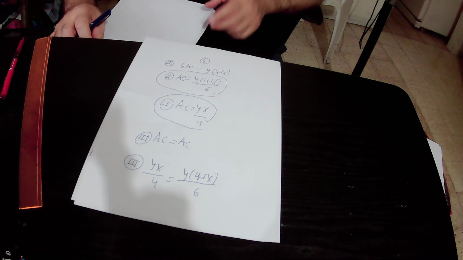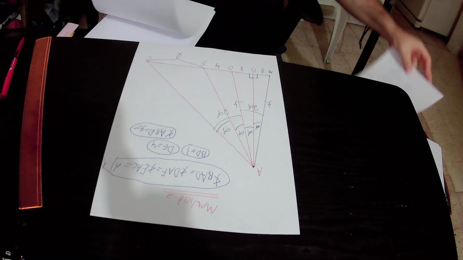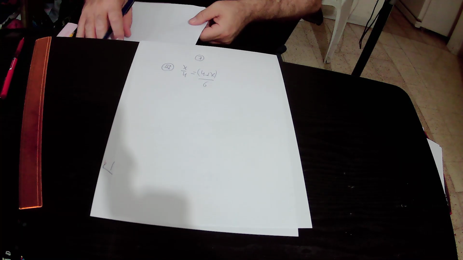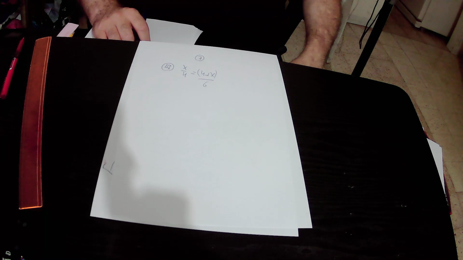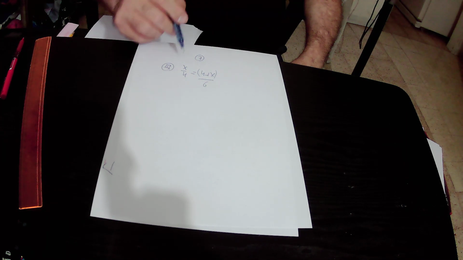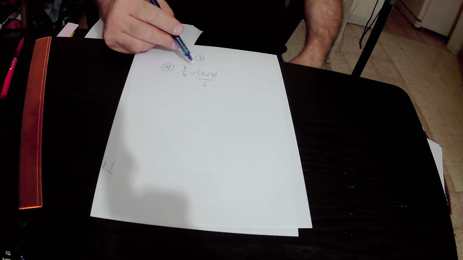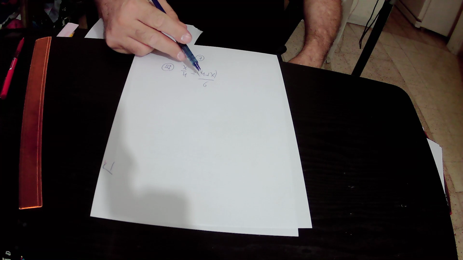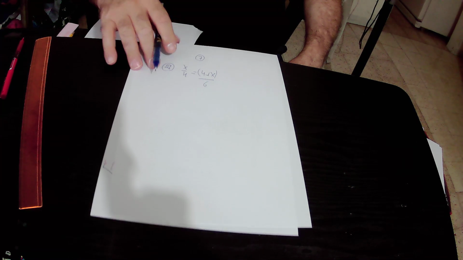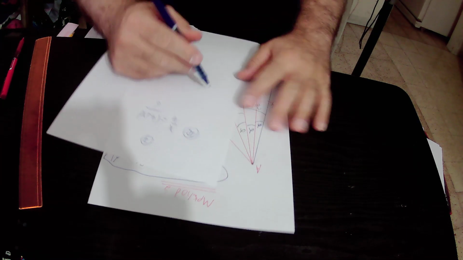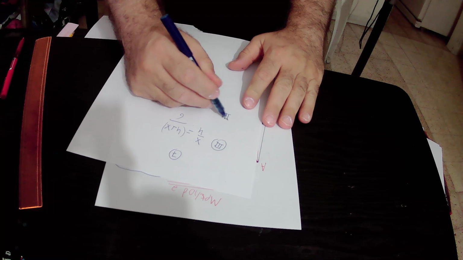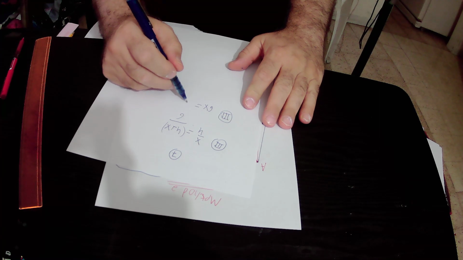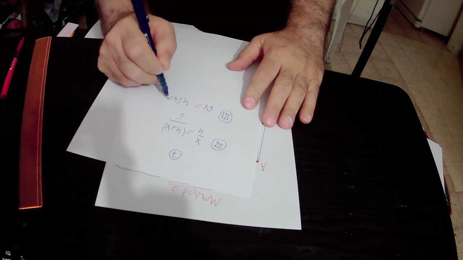Okay, so we got here that x over 4 equals 4 plus x over 6. Here we will cross multiply: multiply this by 4, and then multiply this equality by 6. We will get that 6x equals 4 times 4 plus x.